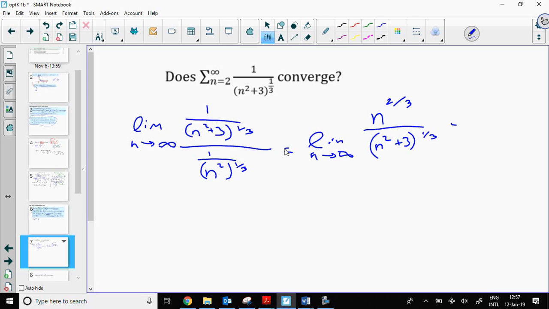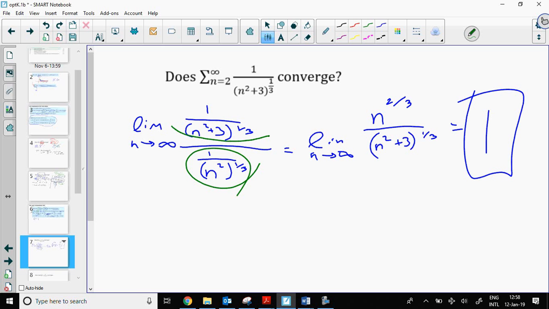It's going to be 1, right? Because we're going to have n to the 2/3 over n to the 2/3. Since I have a positive value out, that means they either both diverge or they both converge. And I know that this one diverges because it's a p-series, which means this one has to diverge as well.